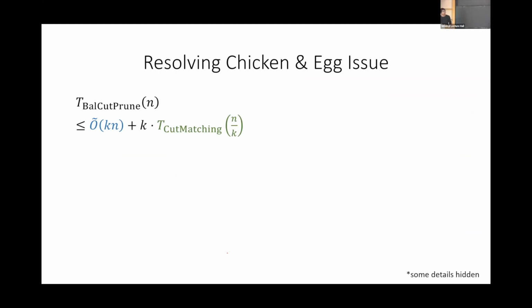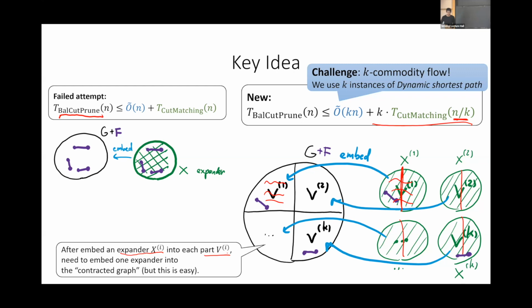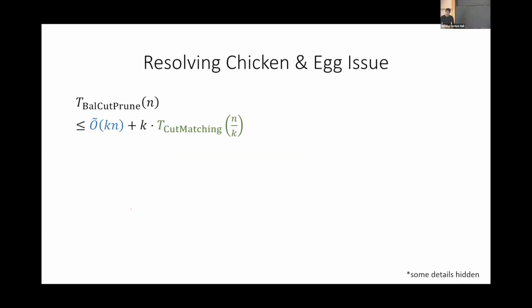And the recursion. You were thinking of k as a constant. I think of k as something like a subpolynomial factor. And with this kind of reduction, you get that to solve bound cut prune, you spend nk time plus k times this thing.